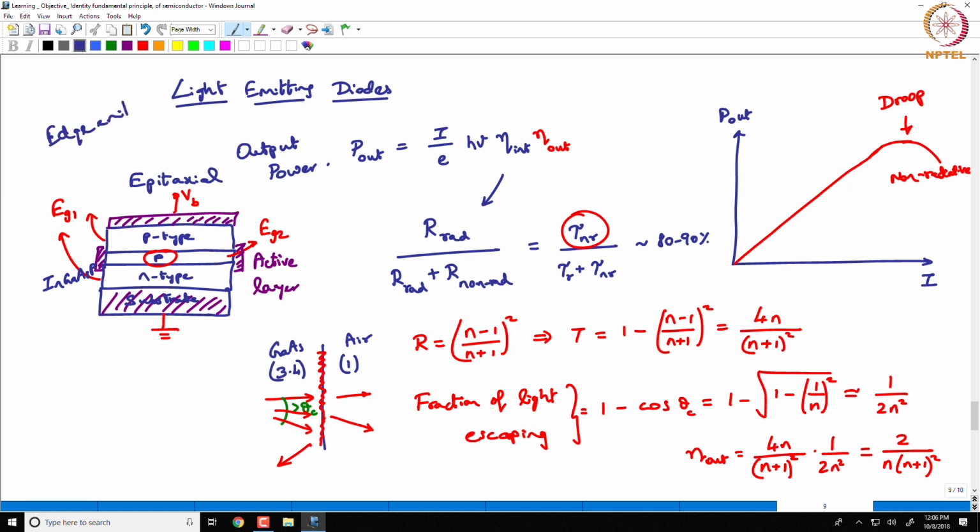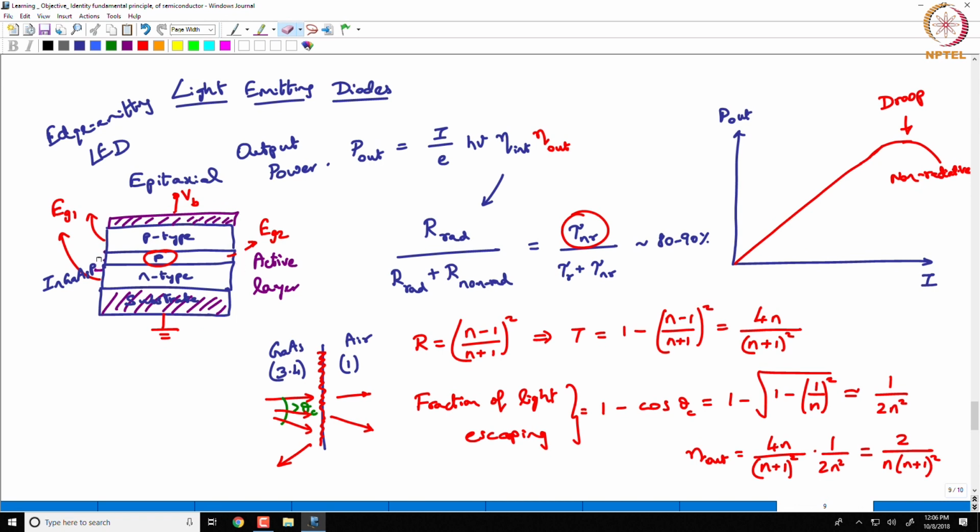So, this sort of structure would be known as an edge emitting LED, right. So, in an edge emitting LED, let me just make sure we are not getting confused by this. I was actually explaining this from a different context.